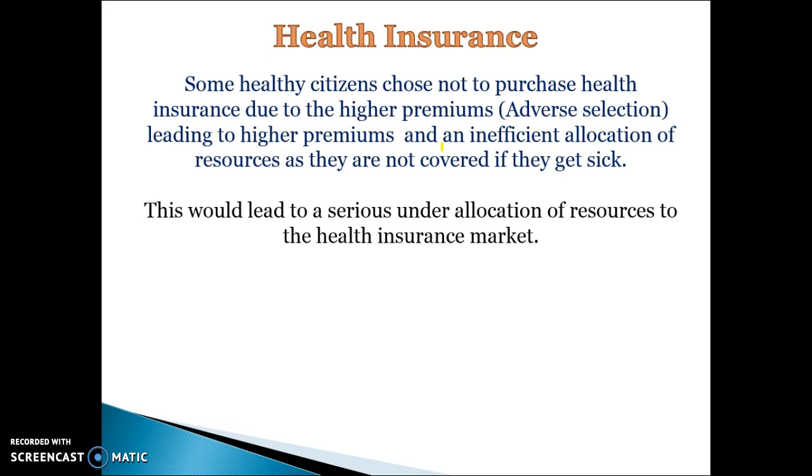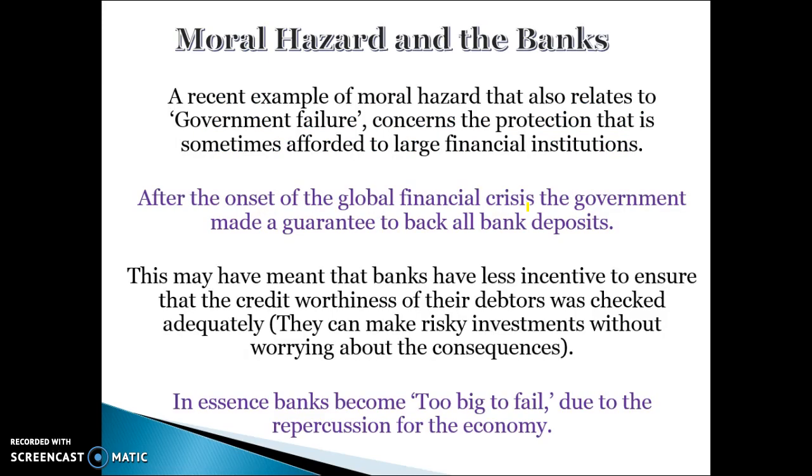That's the adverse selection. The adverse selection is not only that the insurance companies are giving too much insurance to unhealthy people or unsafe drivers, but also that because the premiums get higher, healthy people or safe drivers are less likely to buy it. Therefore, they're not covered if they get sick or if they get into an accident, and that leads to an under-allocation of resources towards insurance from healthier people.